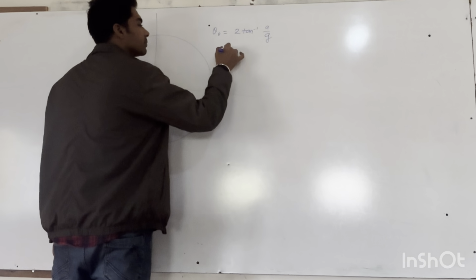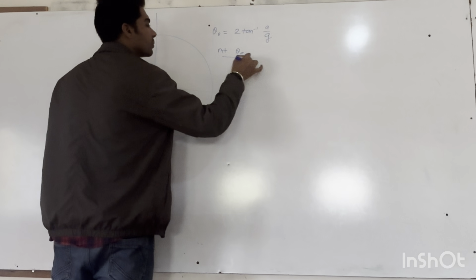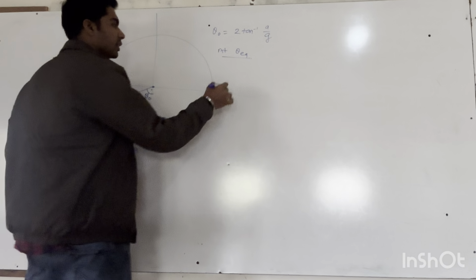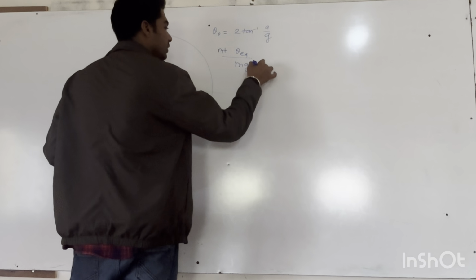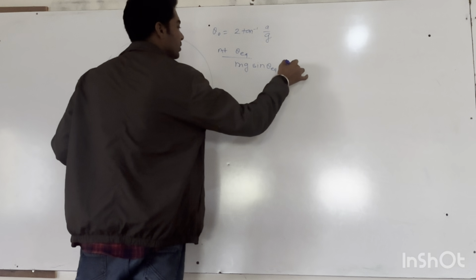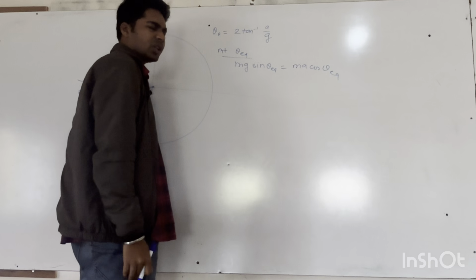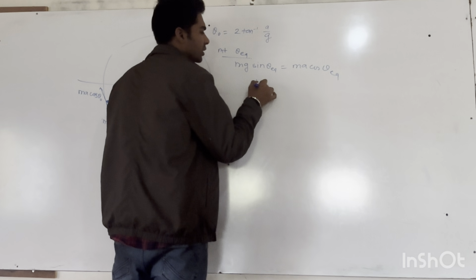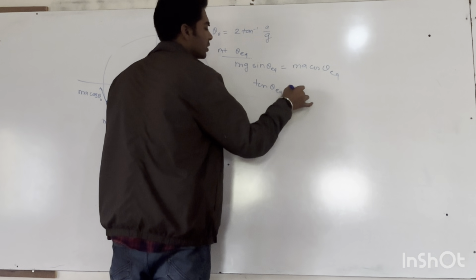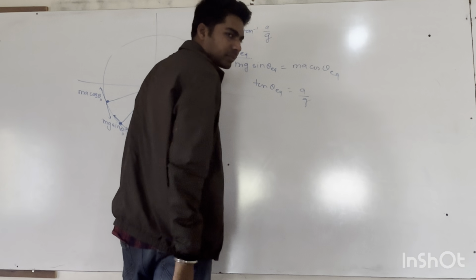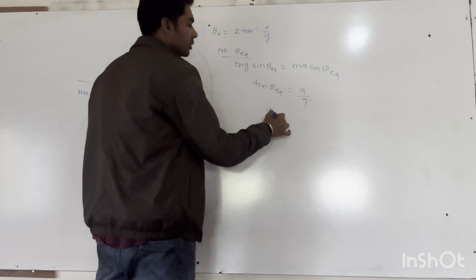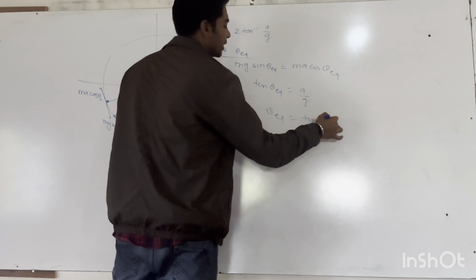So at theta equilibrium, mg sin theta equilibrium equals ma cos theta equilibrium. So what was this angle? tan theta equilibrium equals a by g. So theta equilibrium equals tan inverse a by g.